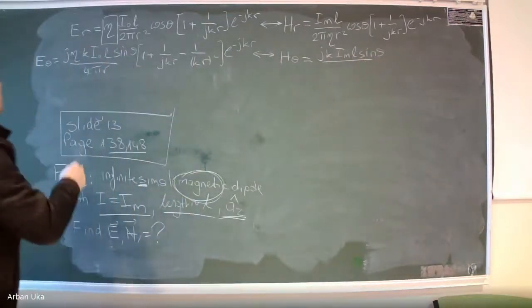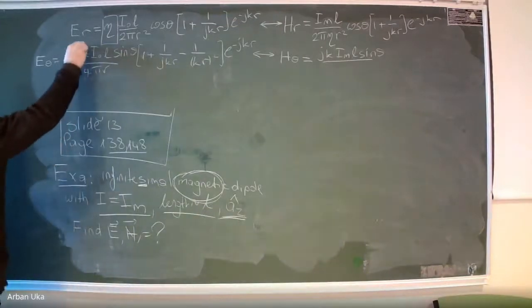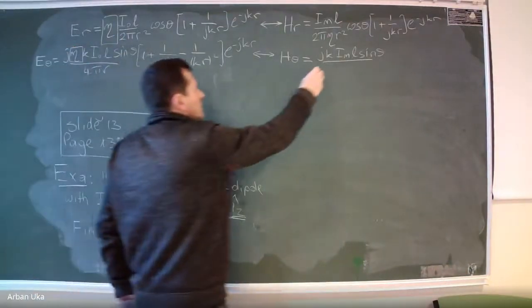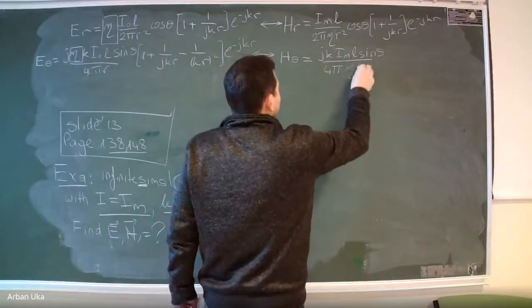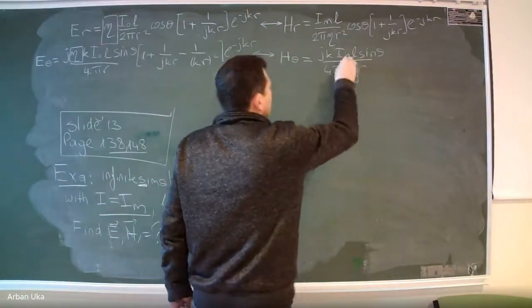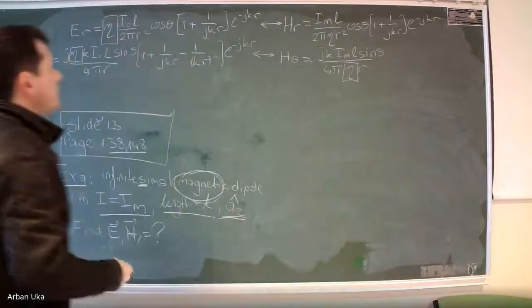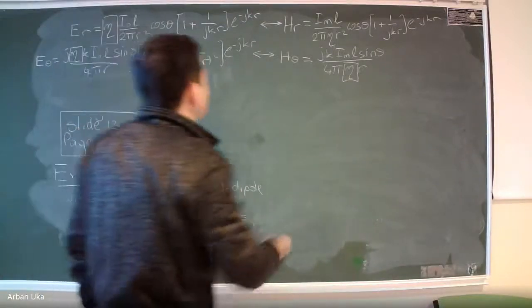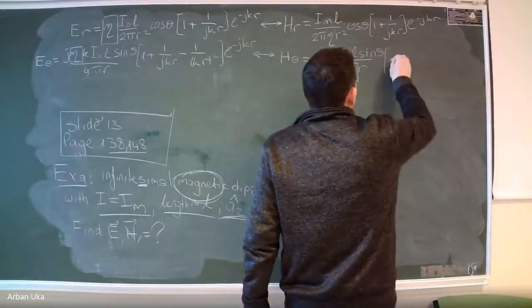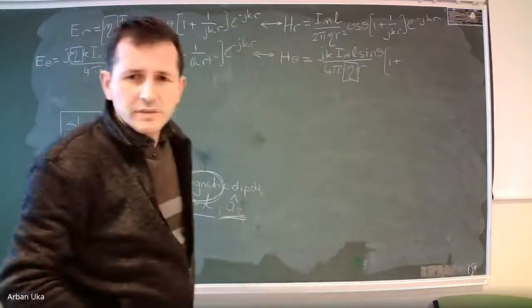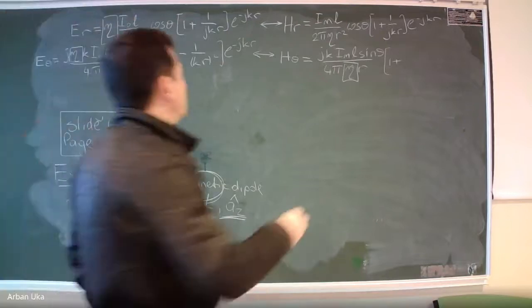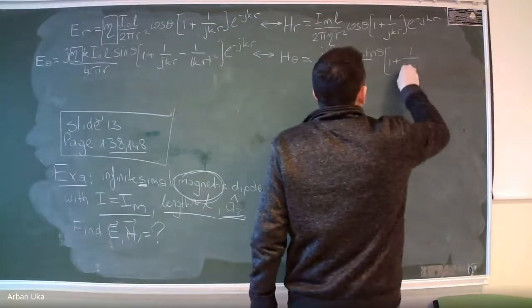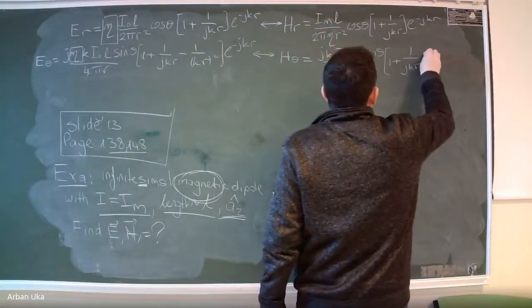The intrinsic impedance that appears here will now appear there, 4 pi, and the rest will be the same. So these terms all appear. But let me check I didn't make any mistake. It's 1 plus 1 over jkr minus 1 over kr squared.